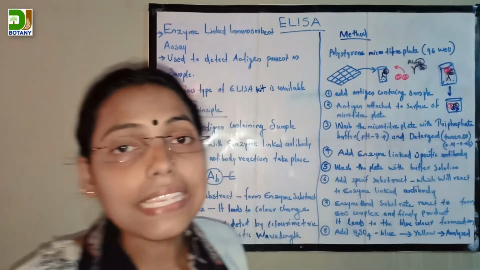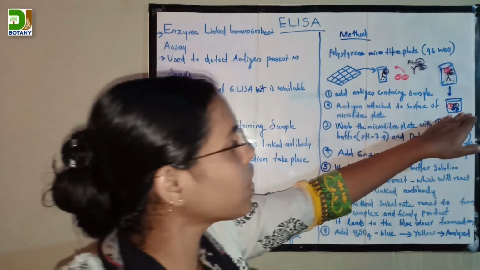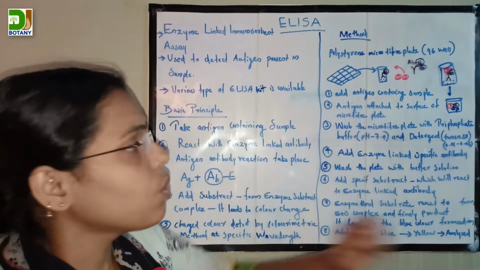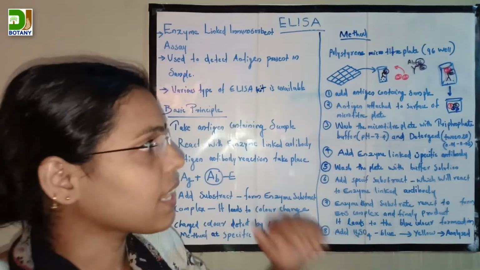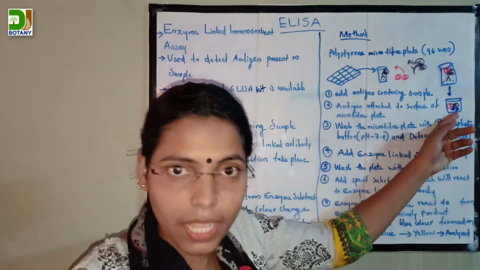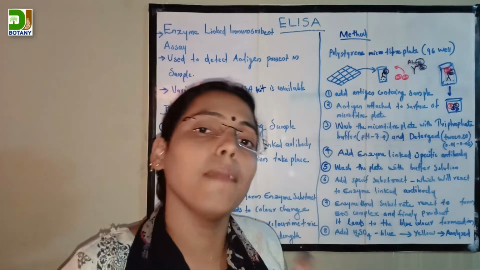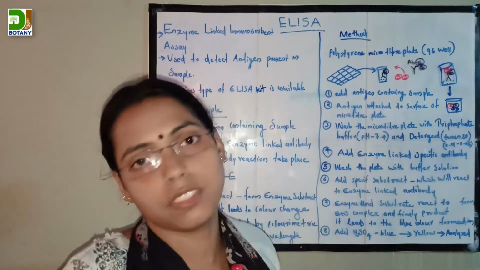This product imparts a blue color to the sample. After the formation of the enzyme-substrate complex, this reaction leads to the formation of products. These products give a bluish color to the sample solutions.